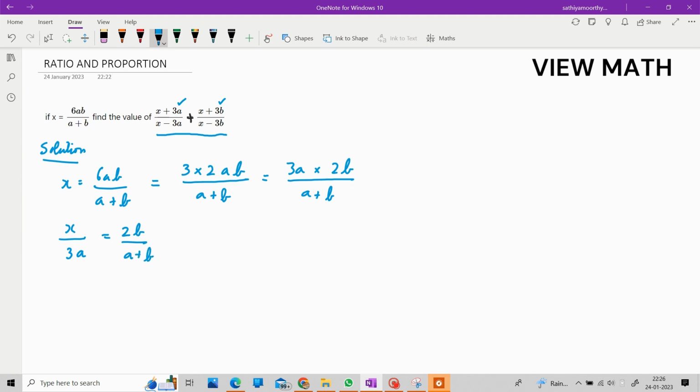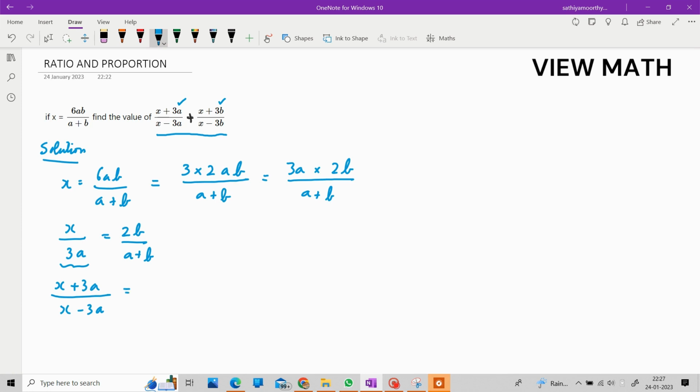Now here I can see in the numerator that is plus and in the denominator that is negative. So if I do componendo and dividendo property together to this one, I'll be able to get the first term. So applying componendo and dividendo together, I'll be getting (x + 3a)/(x − 3a) on the left hand side.